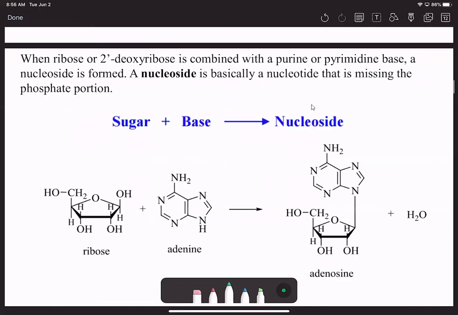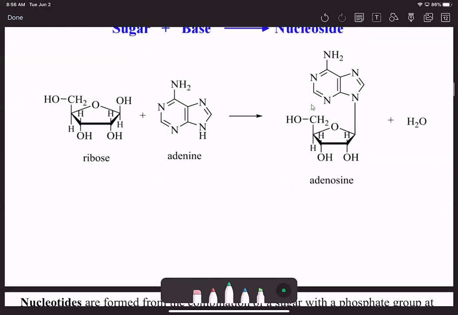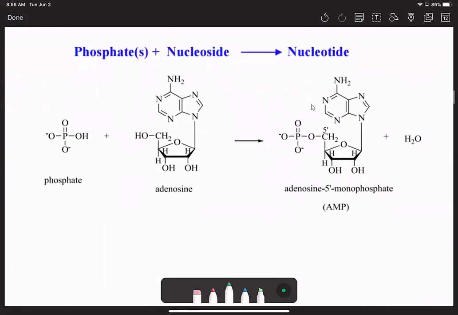So if we take a look at a structure, let's see if I have a structure here. So here is a structure. If I take a look at this nucleotide here, I want to know if this is DNA or RNA. Well, let's take a look at carbon number 2.